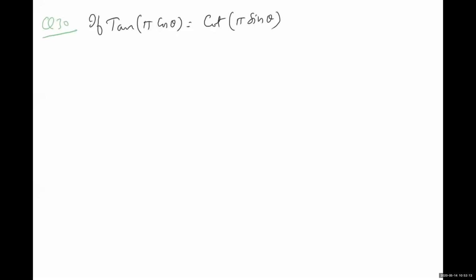So here you can write tan(pi cos theta) is equal to tan(pi by 2 minus pi sin theta).